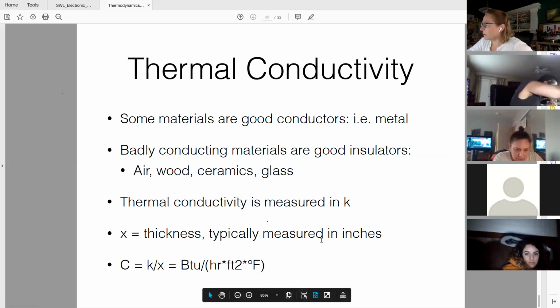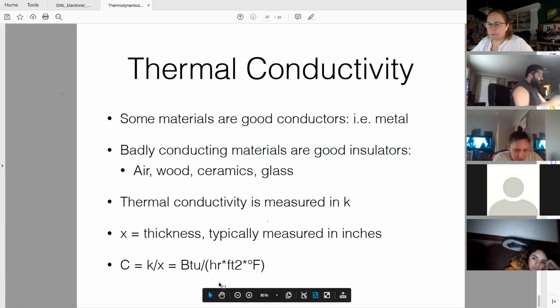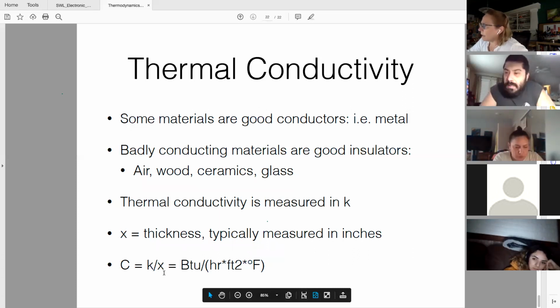This is where you have to watch your units. If your thickness is measured in inches, like a 1-inch insulated glass unit, that's 1 inch, but your BTUs are in feet squared. You just gotta pay attention to it. It's gonna give you your conductance value.